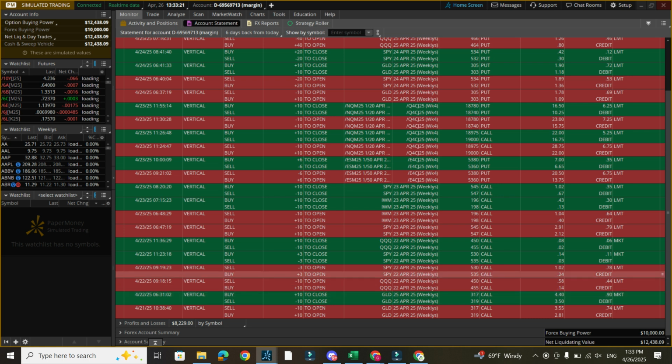And then on Tuesday, the same day, we got 44 cents on QQQ, and then we got 78 cents from SPY as well. And then we closed those out at 11 o'clock, respectively. SPY for 11 cents, QQQ for 6 cents.